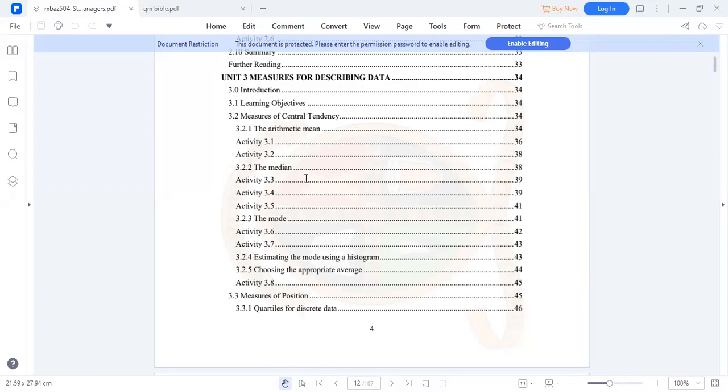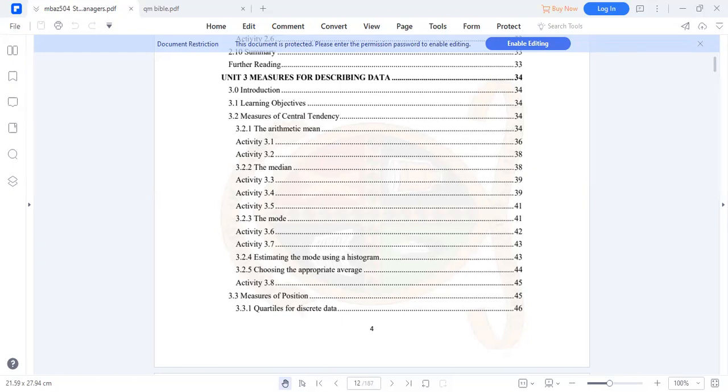We discussed that data can be quantitative or qualitative in nature. Qualitative data is descriptive, whereas quantitative is quantifiable. Quantitative can be discrete or continuous, whereas qualitative can be ordinal or nominal.